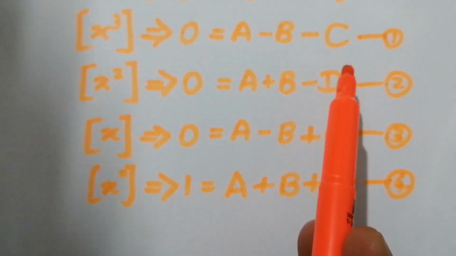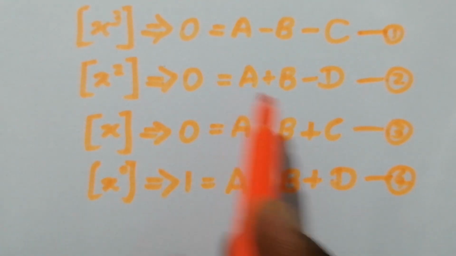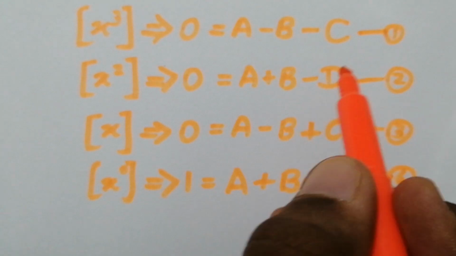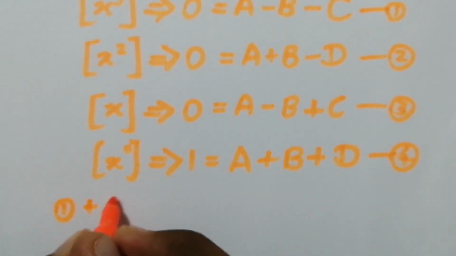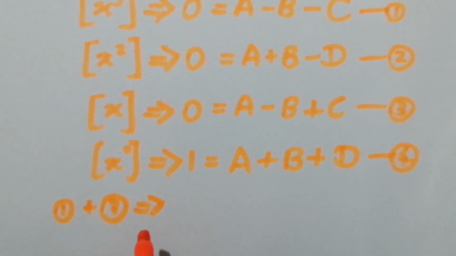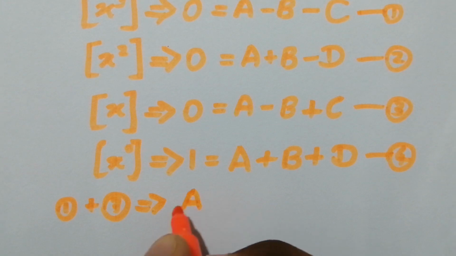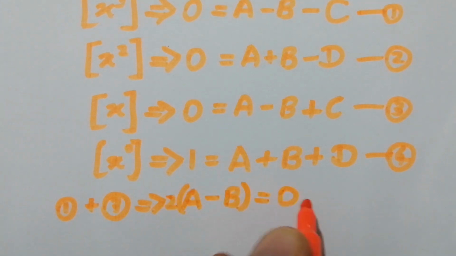Now if I add equation 1 and equation 3, I can cancel out the c part. Then I will obtain 2 times (a minus b) equals 0.